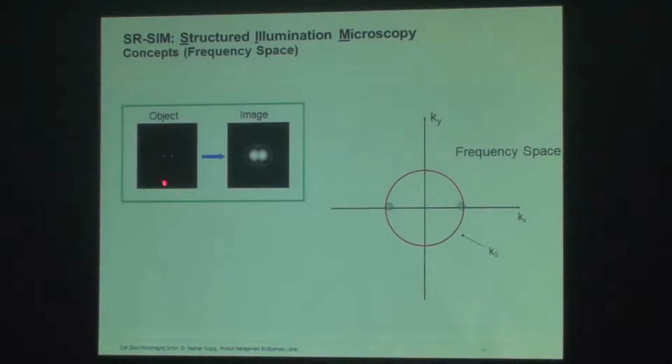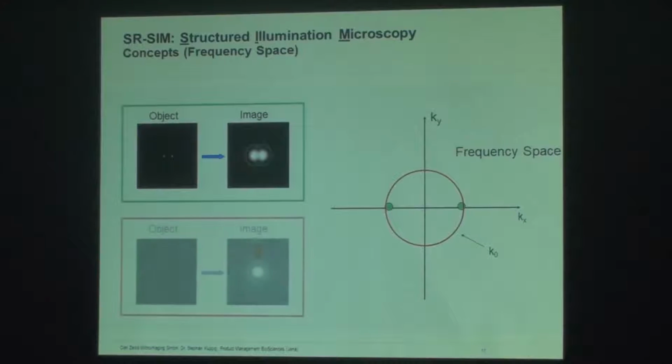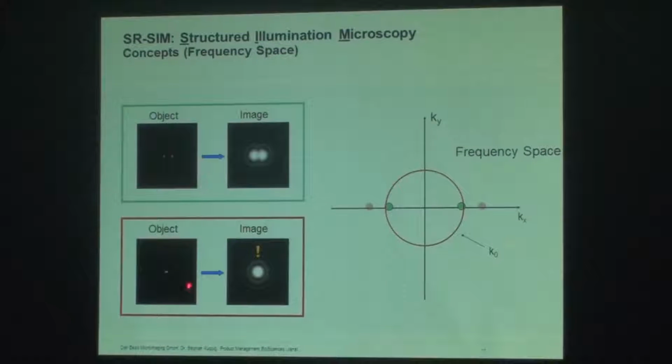For an object separated at this distance, imagine that's like 250 nanometers, it is resolvable because you are collecting the information to resolve these two objects as two different objects. But when the objects are twice as close as the conventional limit, those frequencies lie away from the conventional limit of what an objective can pick. So these frequencies are not normally transferred into the actual bandwidth that the system collects.